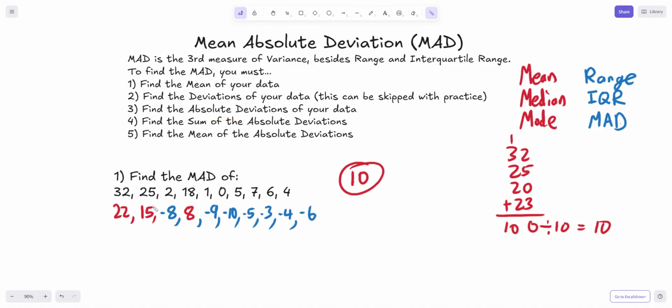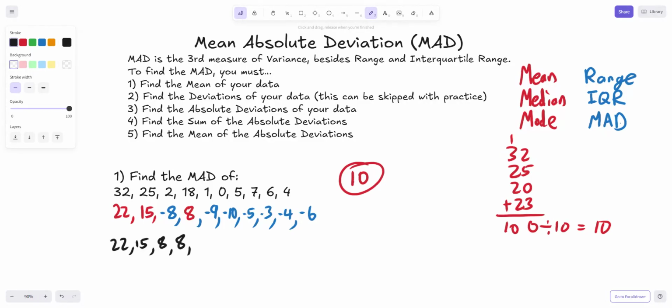It's how far your number is away. It doesn't care whether it's greater than or smaller than the mean. It's just how far away it is. So the absolute deviations are just all these numbers, but positive. So our absolute deviations are 22, 15, 8, 8, 9, 10, 5, 3, 4, and 6.